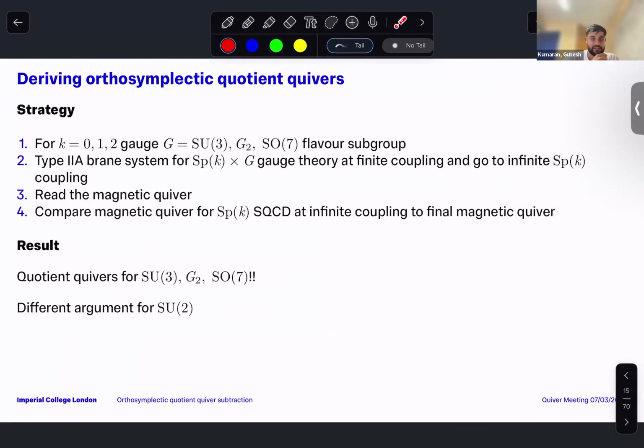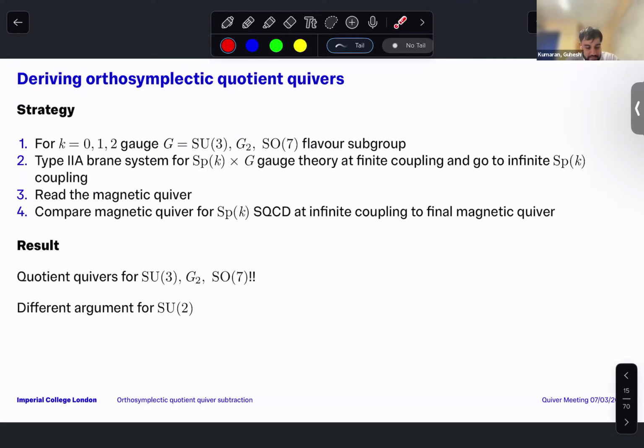Okay, so what's the strategy? The strategy is that for different values of K, which will be 0, 1, and 2, you can gauge an SU3, G2, or SO7 flavor symmetry subgroup. This is just a condition from the anomalies. This is the only thing you can gauge.